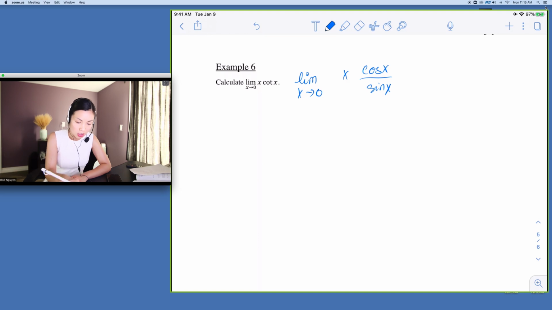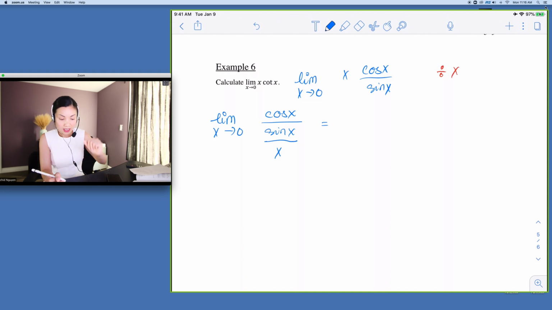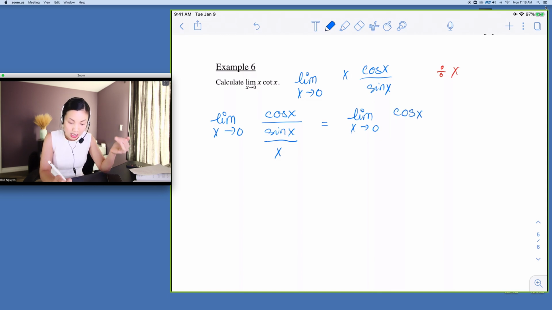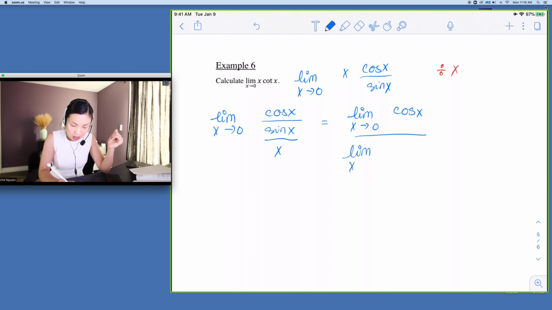So what happened when I do that? So pretty much take everything, divide by x. Okay, so I ended up with the limit as x approaches 0 of cosine of x over sine of x over x. Now, I can definitely break the limit, and do the limit of the numerator, which is the limit of cosine of x, over the limit of the denominator, which is sine of x over x.